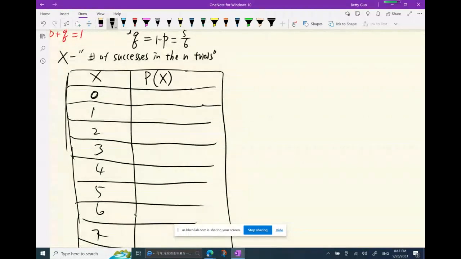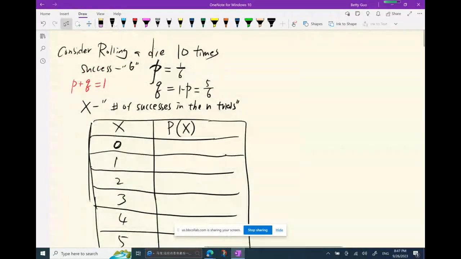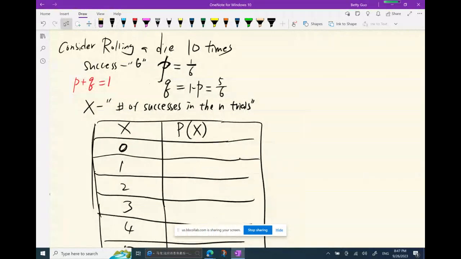What's the probability that among the 10 trials, we do not have any success? All 10 trials are failures. First time failure, second time failure, third time failure, the 10th time also failure. Do you think the probability is q to the power 10 by the multiplication rule?